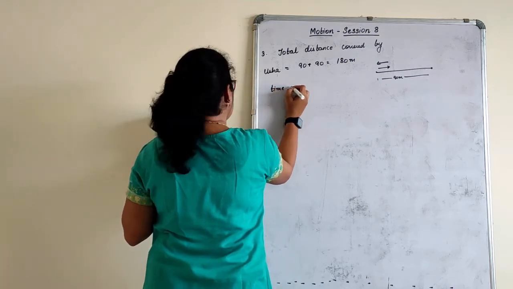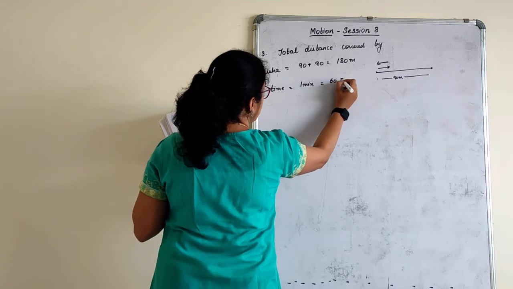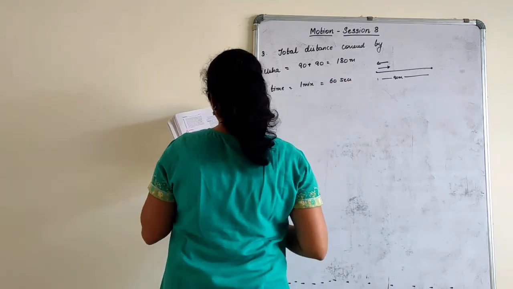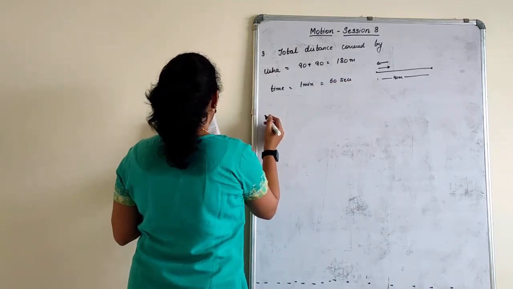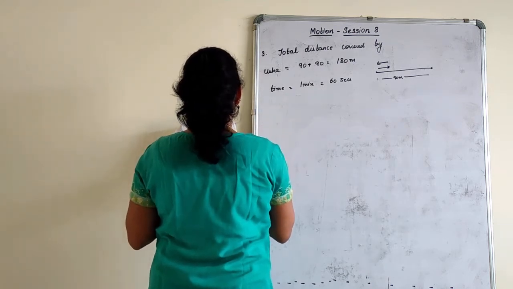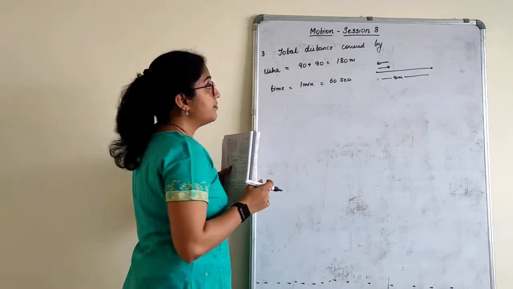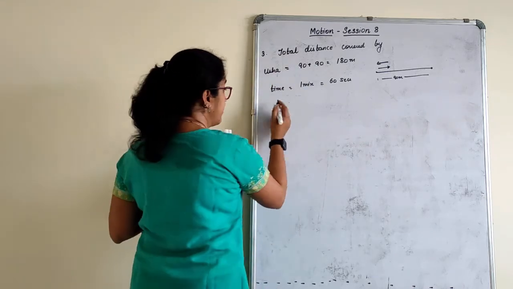Time taken by her is 1 minute, that is equal to 60 seconds. So this is about distance covered. Displacement we will calculate in the second half.